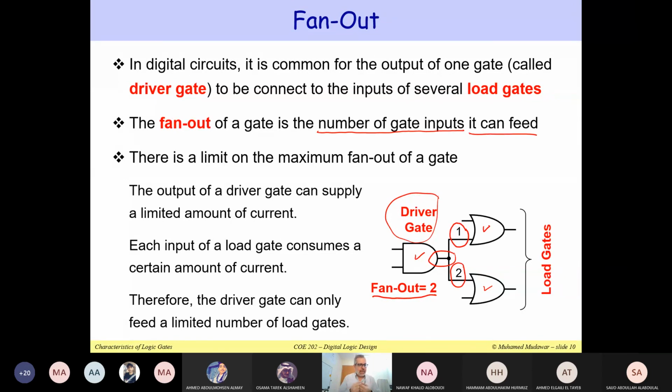For this reason, at some point the circuit will not really work properly. So we have to limit the fan out in a given circuit. You cannot really have a fan out equal, let us say, to 10 or 100, and the reason is the limited amount of current that is produced by each gate.